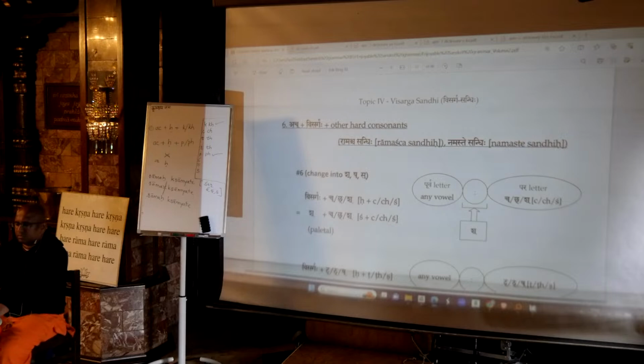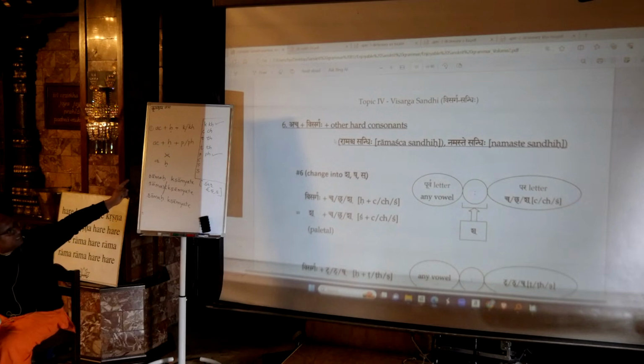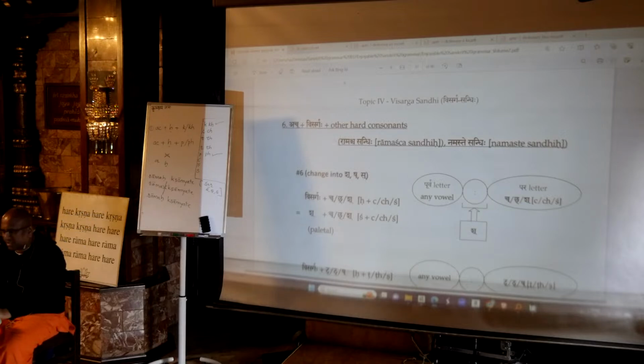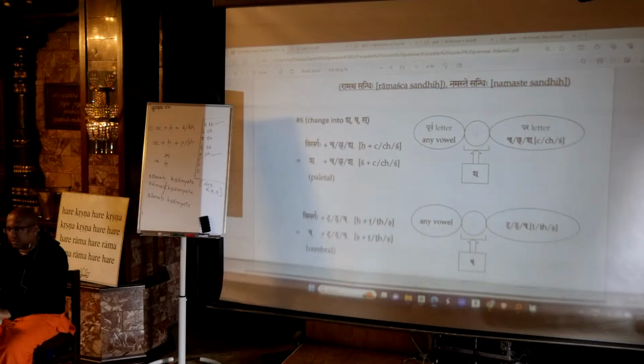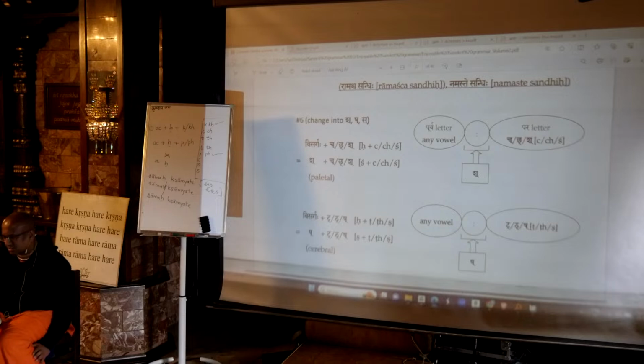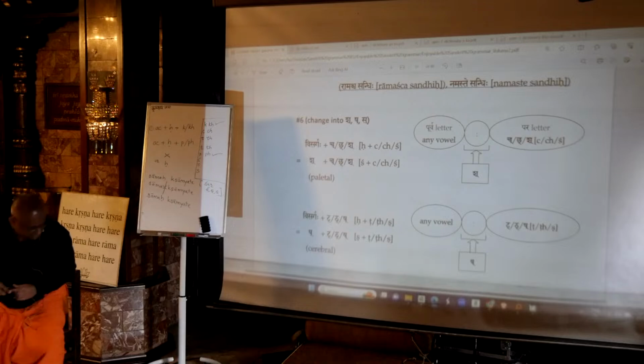Okay, so we dealt with kakara, khakara, pakara, phakara. Next, chakara and these are remaining, right? So now you see, visarga, before that anything is fine. Visarga followed by chakara, chhakara and shakara. Now for these 3 combinations, there are 3 subtypes or rules.